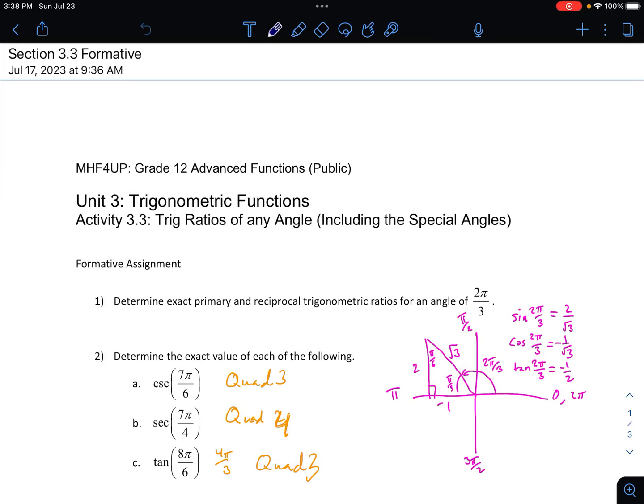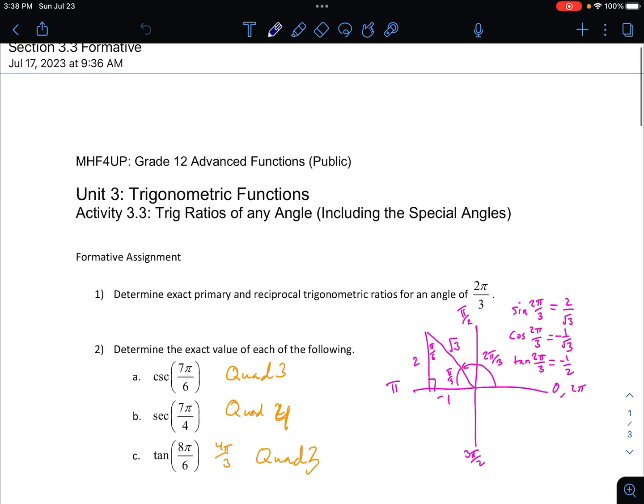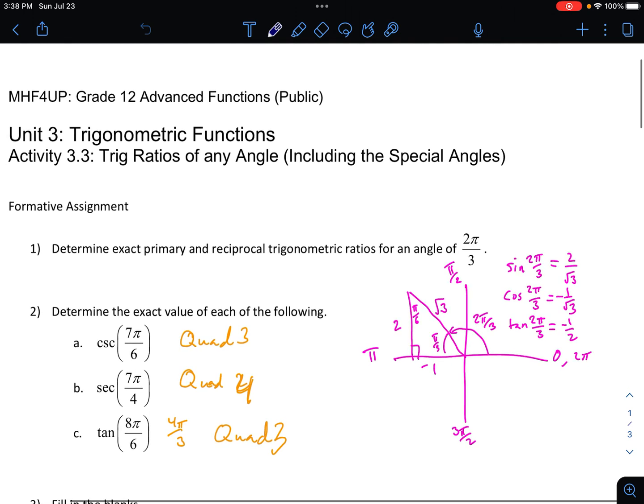So when you're trying to solve for the exact ratio, or trying to solve for where the value is for these ones, like the exact value of 2 pi over 3, you want to make sure you're in that quadrant.